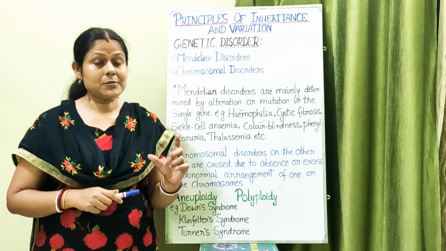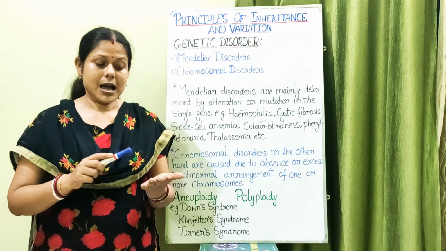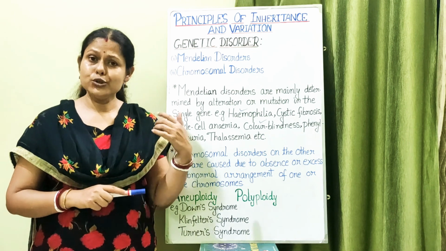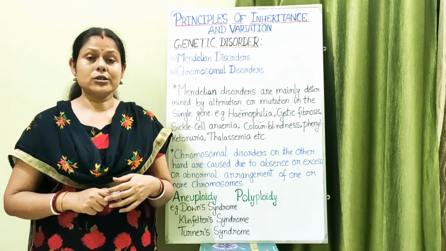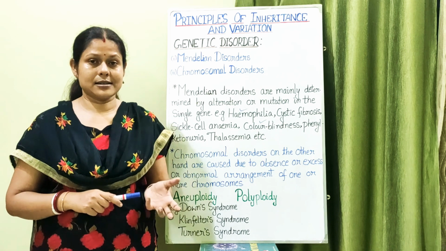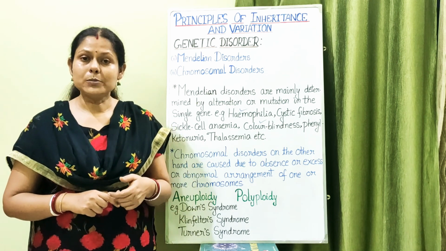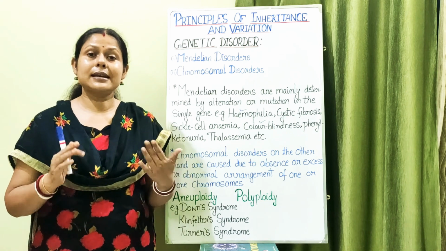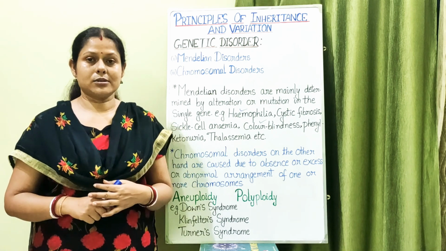That means the affected person will be the son, and she can pass this affected gene to her daughter also, but if the daughter is heterozygous, the abnormality does not appear in her. That means she is the carrier, but she herself does not suffer.